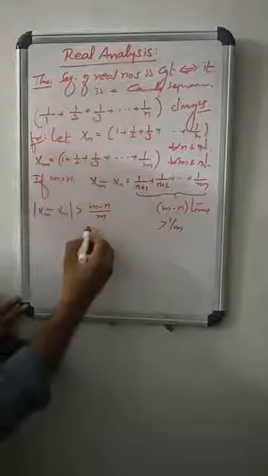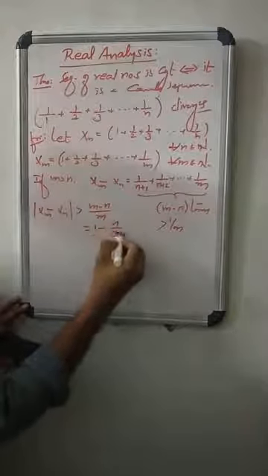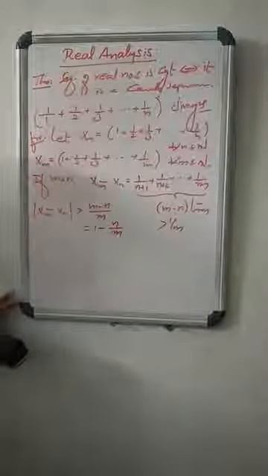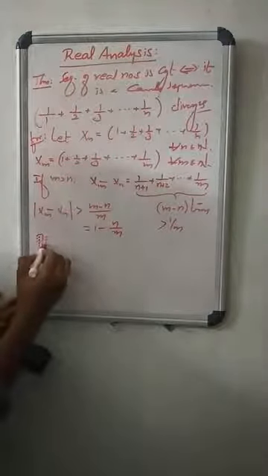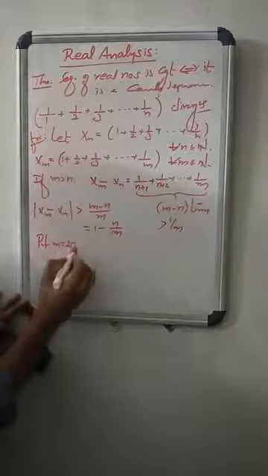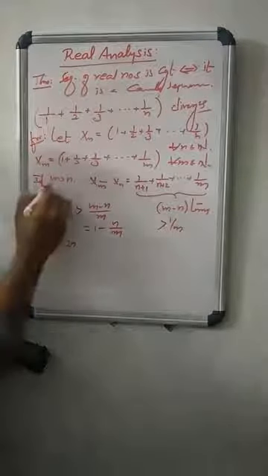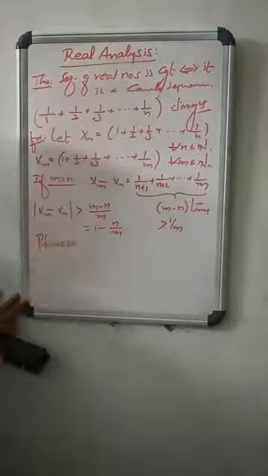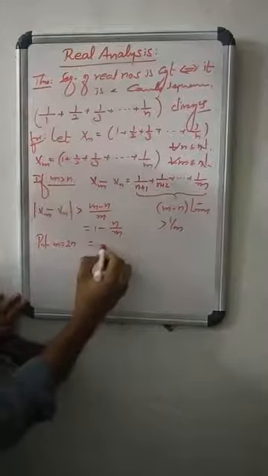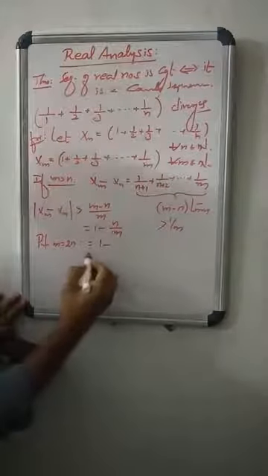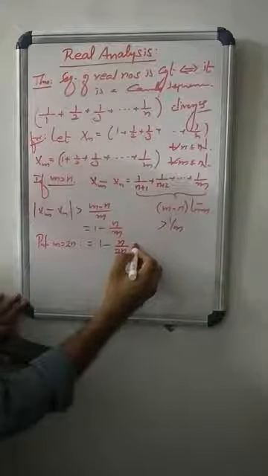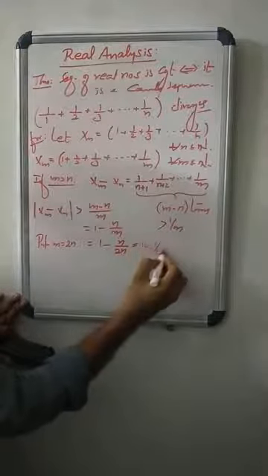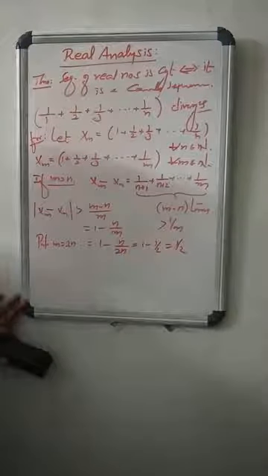That is, m minus n by m means 1 minus n by m. Put m equals 2n. Why? Our choice is m greater than n. When m equals 2n, 1 minus n by m means 1 minus n by 2n equals 1 minus 1 by 2 equals 1 by 2.